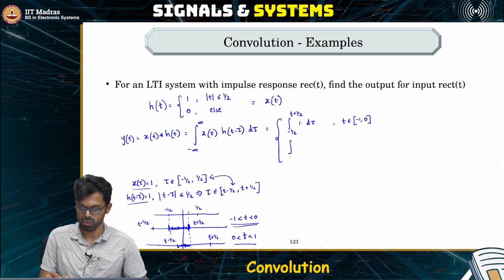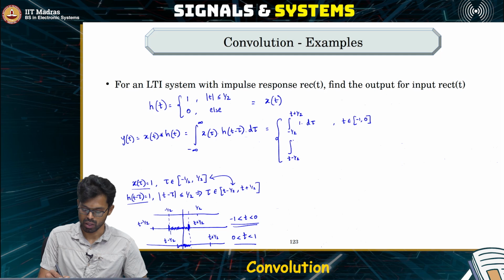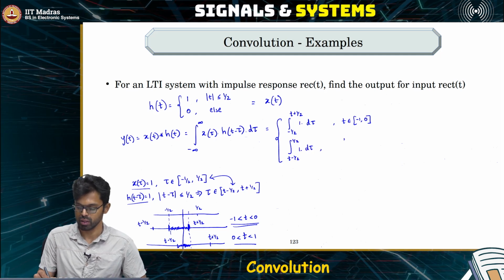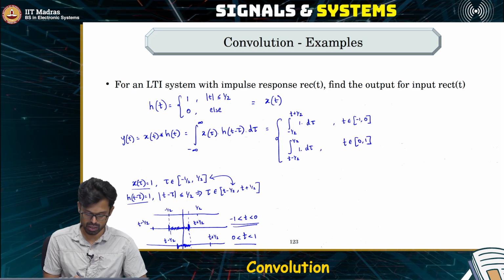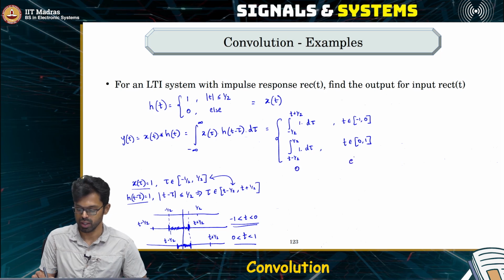And it is equal to the integral from t minus half to plus half when t belongs to 0 to 1, which is basically this point and this point. And it is 0 else.